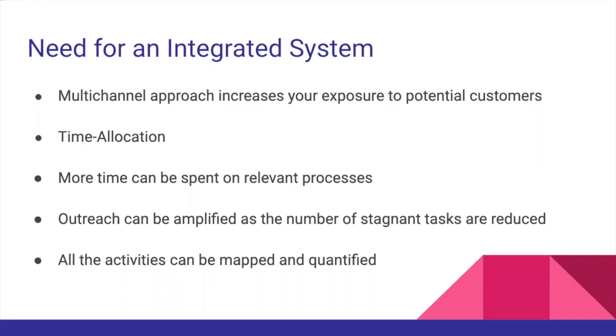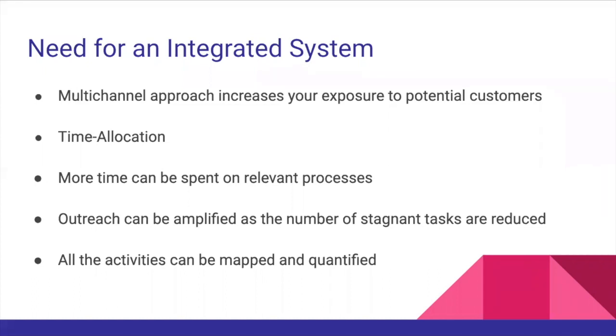The second thing is time allocation. An integrated system takes away a lot of effort that you are spending in your current sales process in time allocation. Where you're spending most of your time. Is it on calls? Is it after the calls that you're taking down notes, etc., and then putting it into your CRM or the place where you store the data?